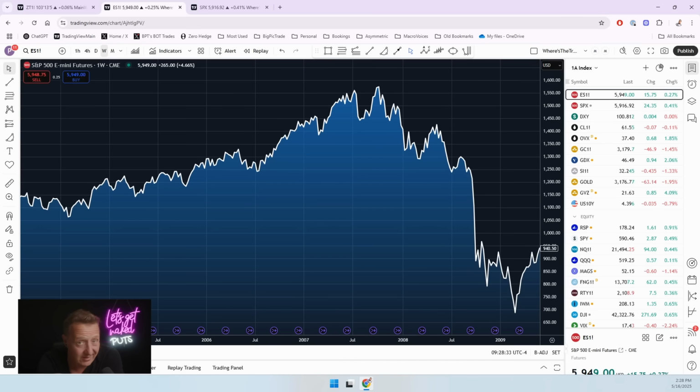Just to look at another example, let's go back to 2007, prior to the great financial crisis. And we had that extraordinary bull run. And then starting in early 2007, when subprime started to crack, you had a market that spent almost an entire year just trading up along its highs.